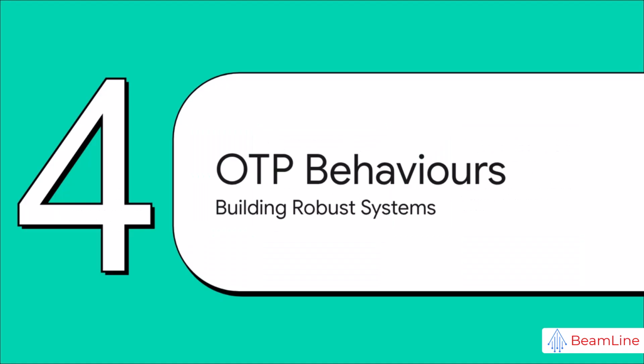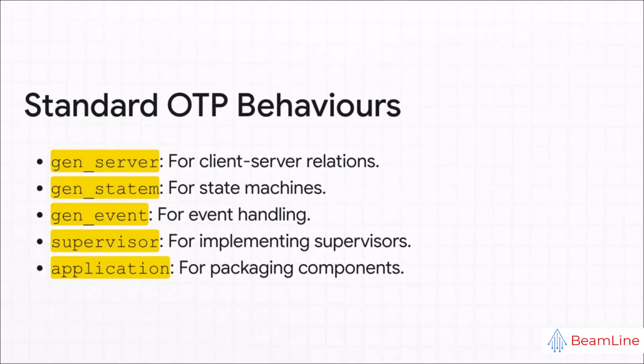This supervision model is already super powerful, right? But OTP gives us even more. To make it even easier to build these kinds of systems, it gives us standardized, battle-tested templates called OTP behaviors. You can think of behaviors as basically blueprints for common jobs. Like if you need a process that acts like a server, you just use the gen_server behavior. It gives you all the generic code for free.